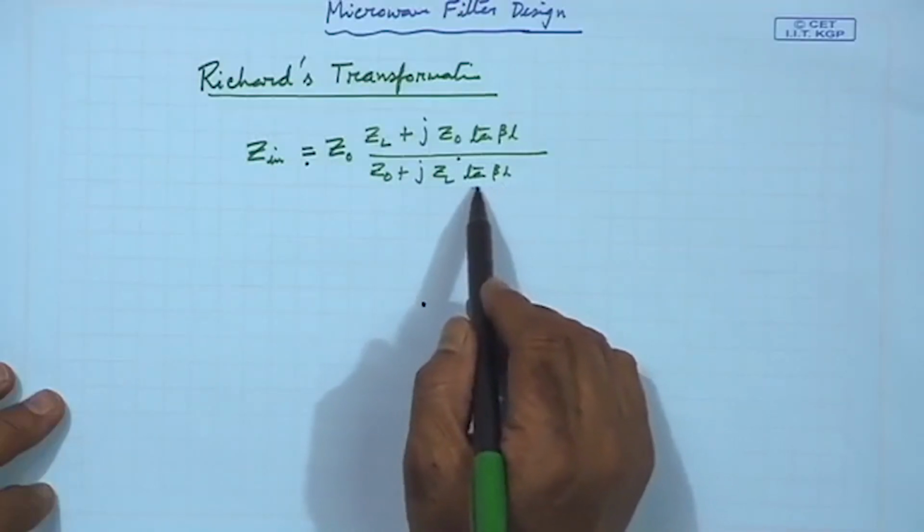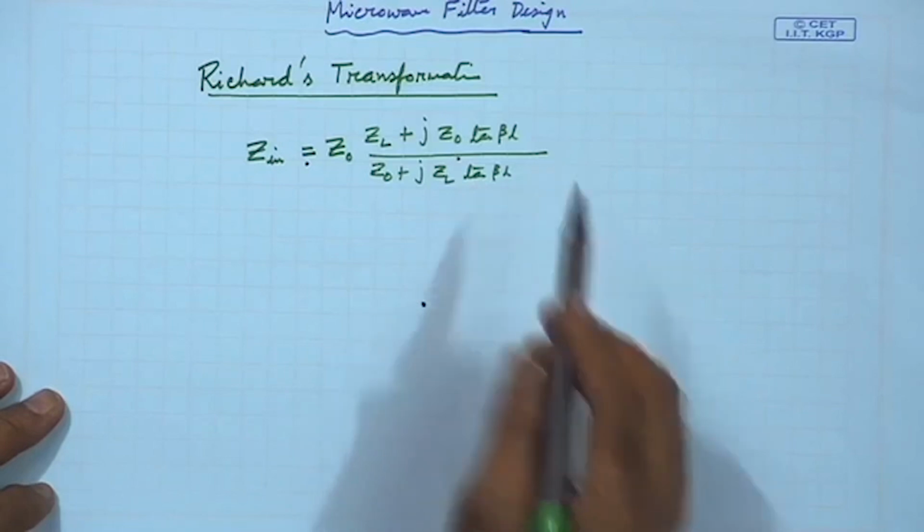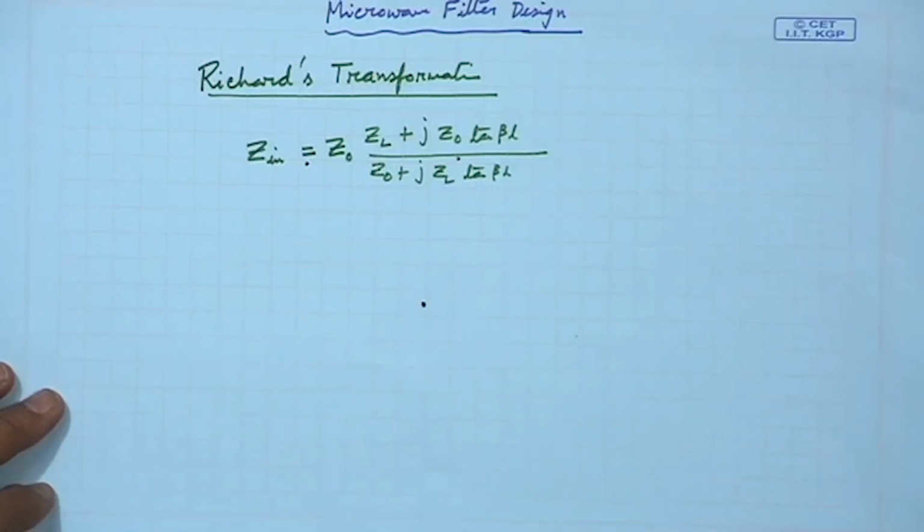Now, what Richards has done is, this tan beta L is an important thing.